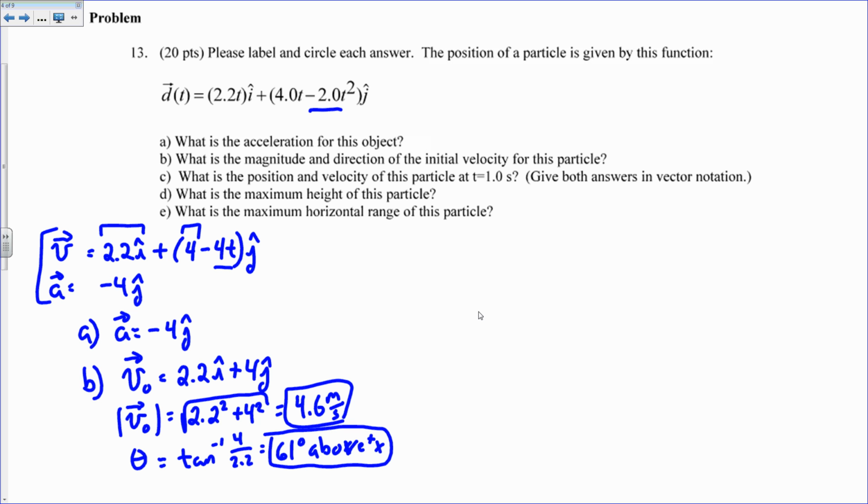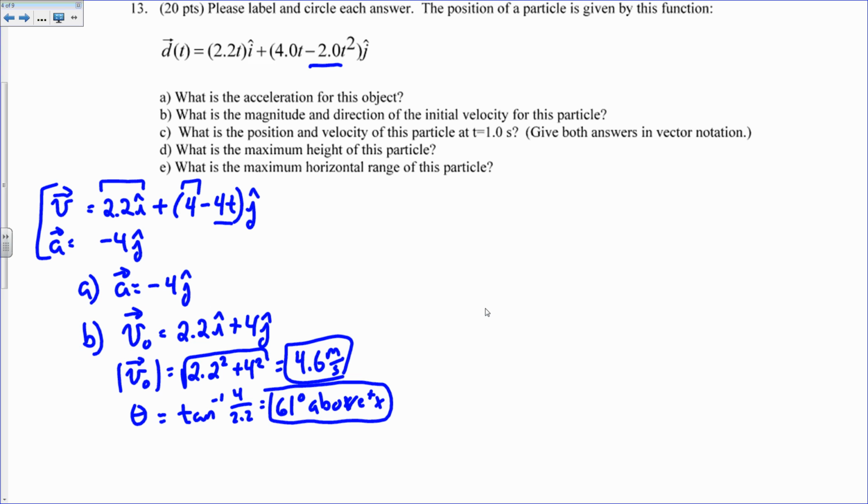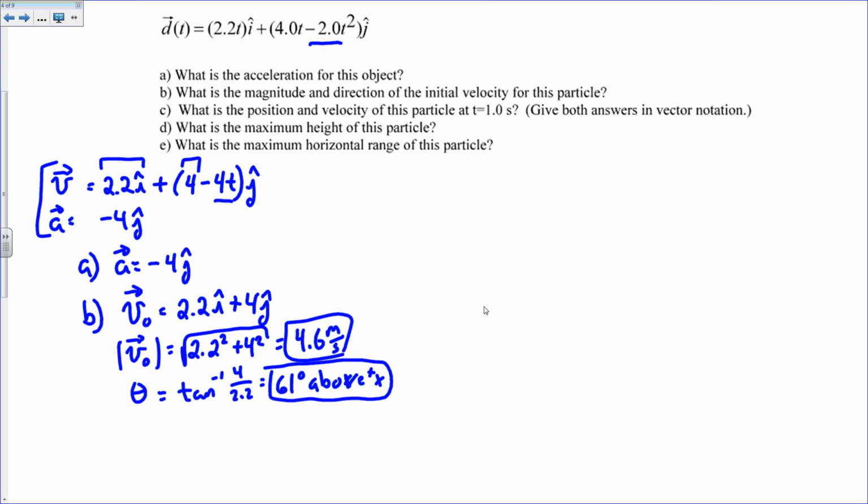All right, for part C, what is the position and the velocity of this particle at t equal 1 second? All right, the position and velocity. The position at t equal 1 second equals 2.2 times 1.